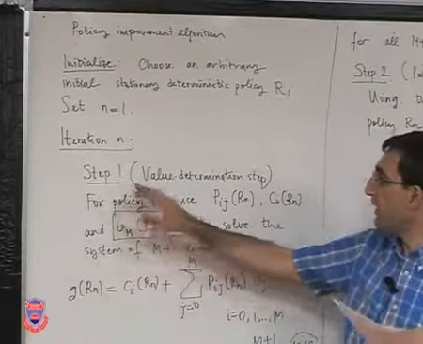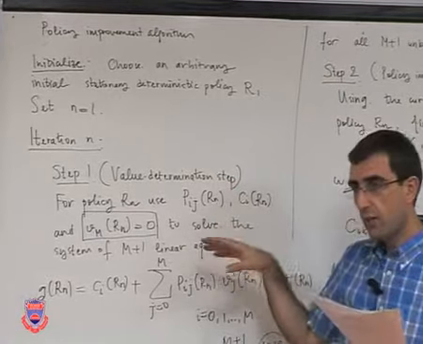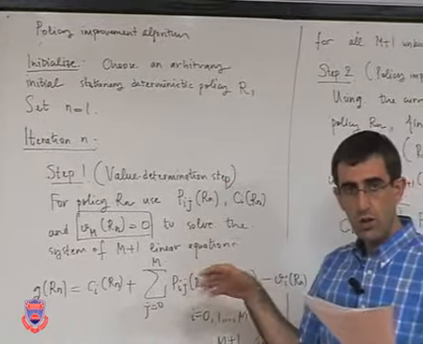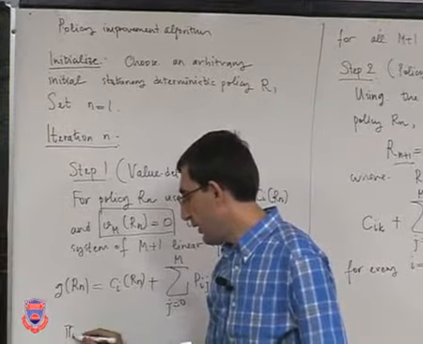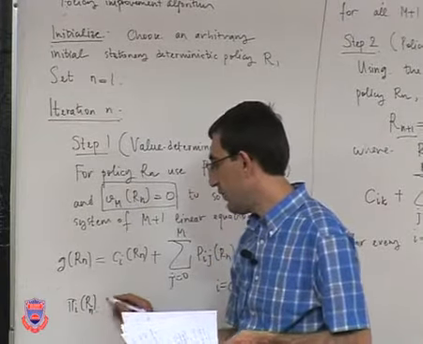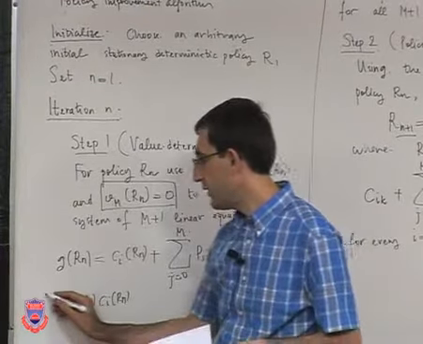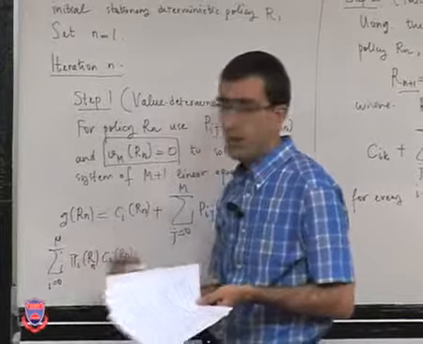Once you know the policy Rn, you can look at the transition diagram, set up all those equations for the stationary probability distribution, and multiply the stationary probability assigned to state i under policy Rn with the immediate cost you pay in state i under policy Rn, and sum all these things to find g.